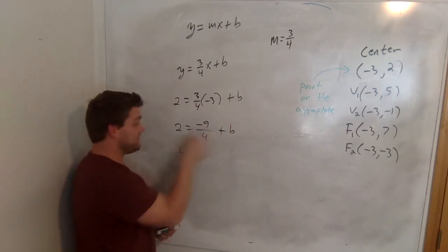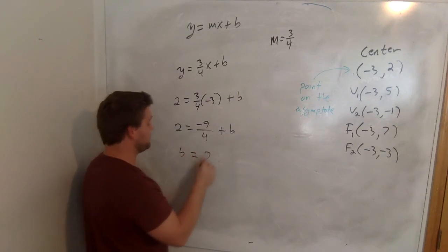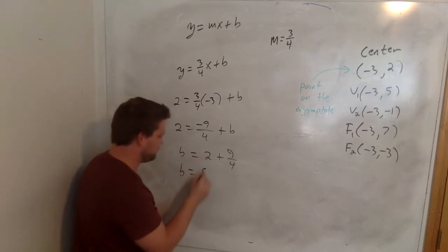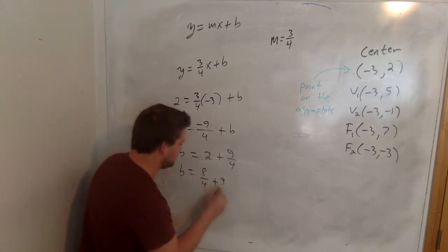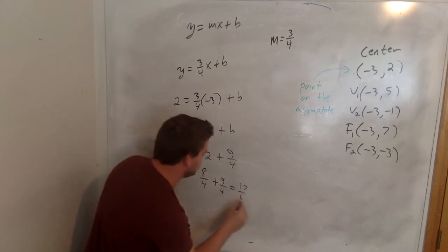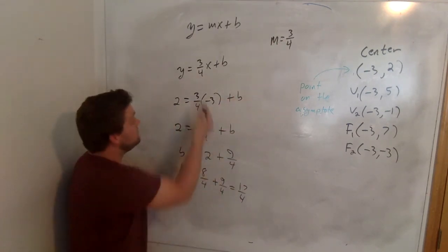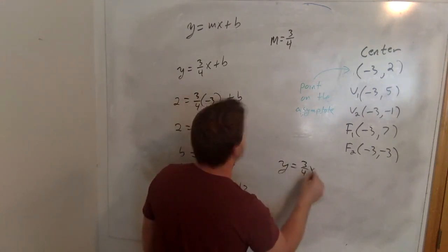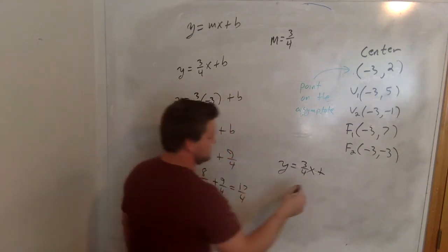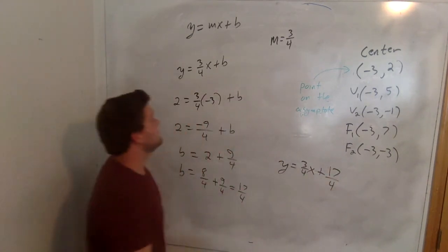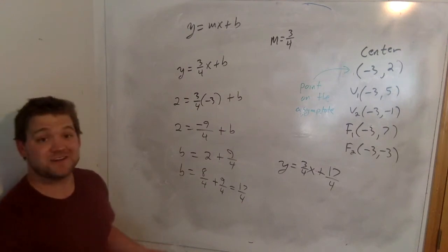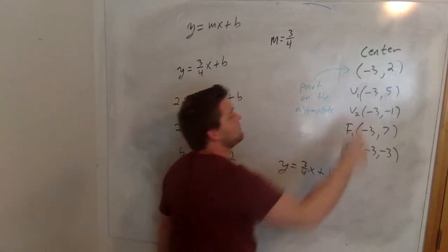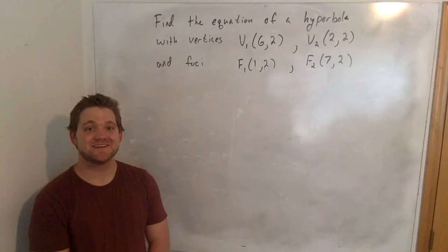Okay, we could add 9/4 to both sides, so b would be equal to 2 plus 9/4, or 8/4 plus 9/4, which is 17/4. So now we know what the m is, we know what the b is, so here the equation would be y equals 3/4 x plus 17/4. Maybe a good exercise is to repeat this and try to find the equation of the negative one. Here we would just have a negative 3/4 instead, but we know this would also be a point on the same asymptote.